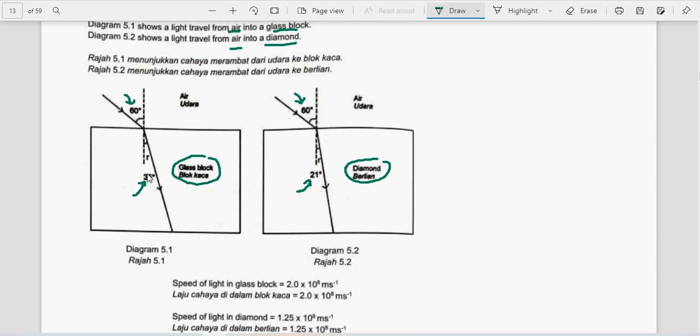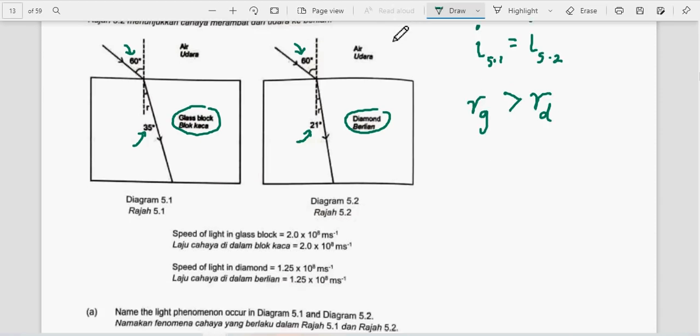So if you want to write down the details given by the question, we can say that the incident angle for both diagrams is the same. So I can put i for 5.1 is the same as the incident angle in diagram 5.2. But r in diagram 5.1, which is the glass block, is bigger than r in 5.2, which is for diamond.